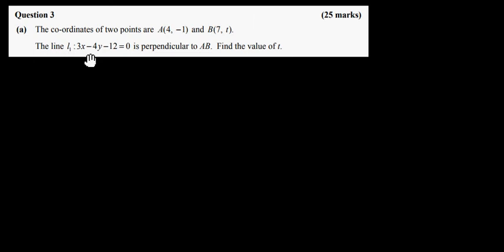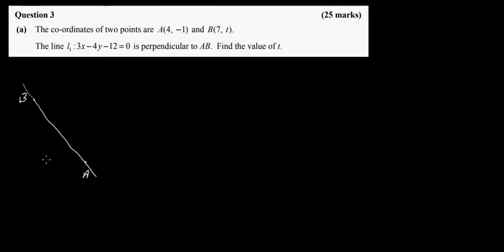We have a line L1, 3x minus 4y minus 12 equal to 0, and this is perpendicular to AB. So let's say this is A, this is B, and we have a line going through A and B, and we have this other line here which is perpendicular to AB.